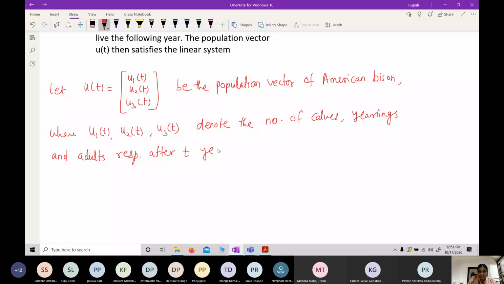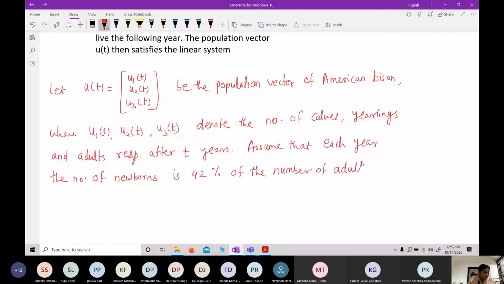Assume that each year the number of newborns is 42% of the number of adults from the previous year.